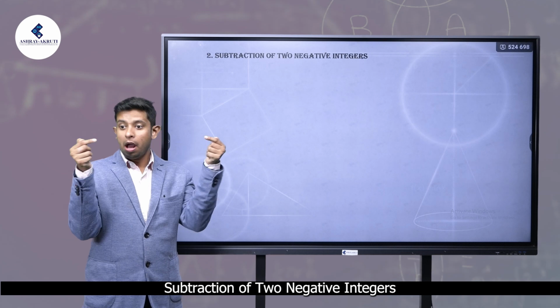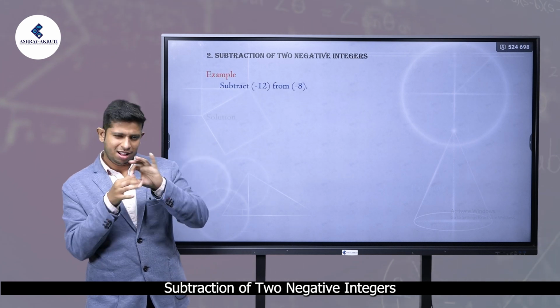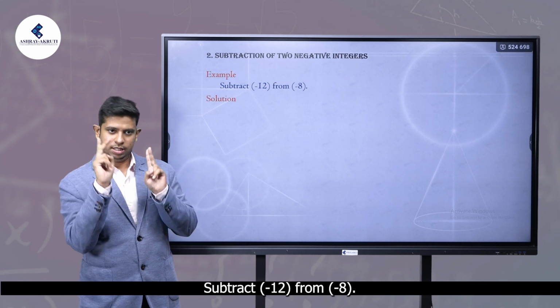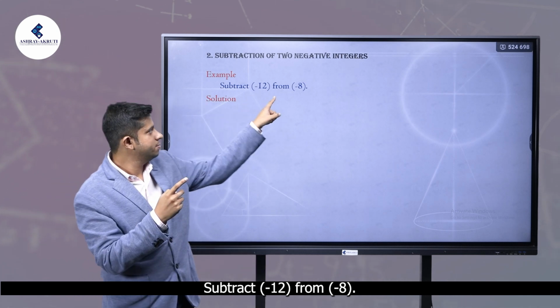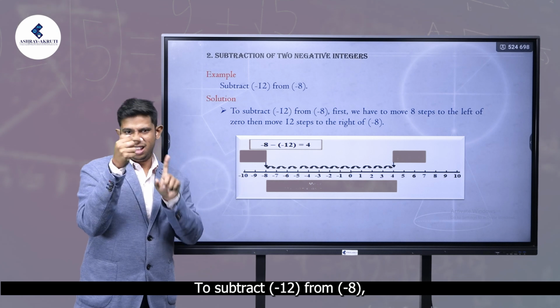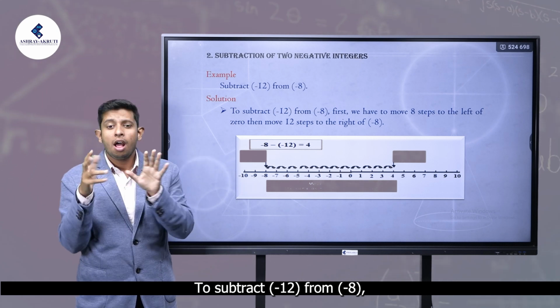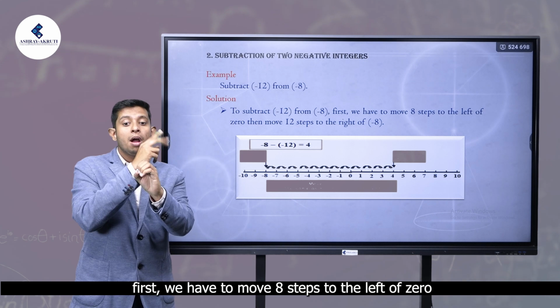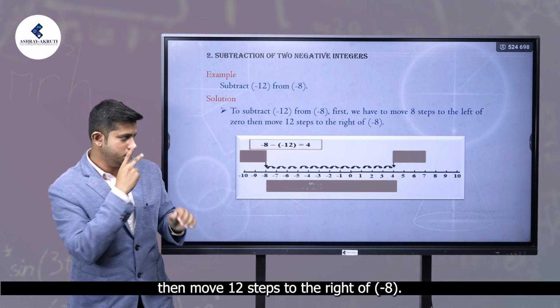Subtraction of two negative integers. Subtract minus 12 from minus 8. Solution. To subtract minus 12 from minus 8, first we have to move 8 steps to the left of 0, then move 12 steps to the right of minus 8.